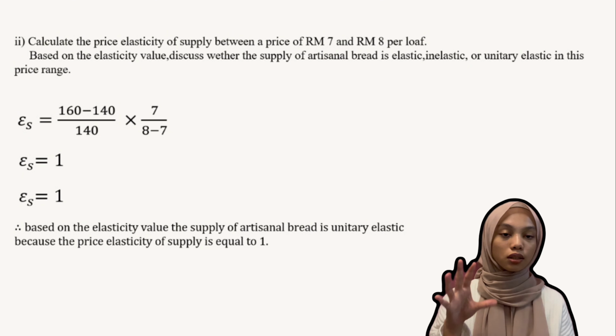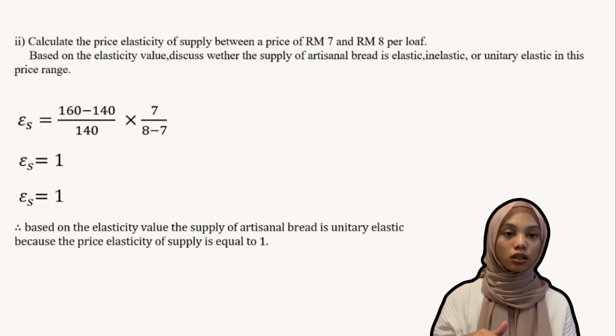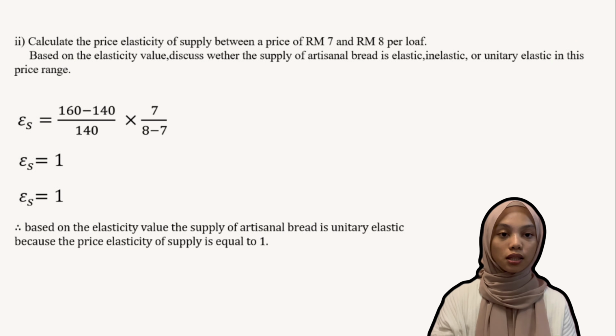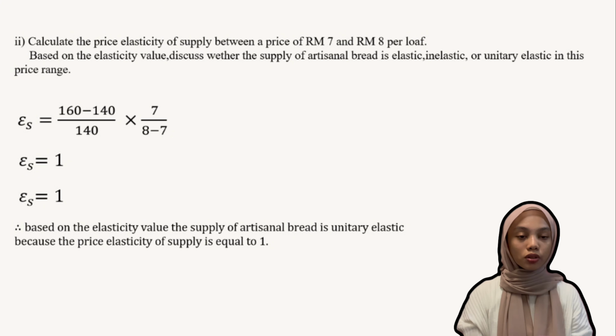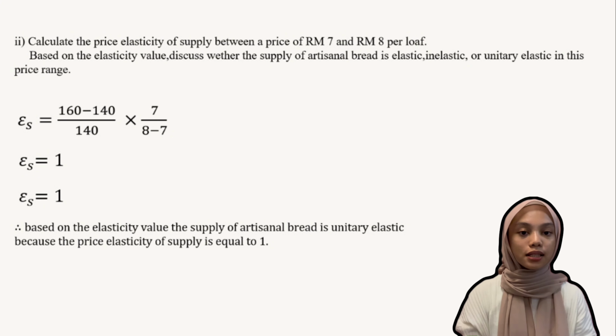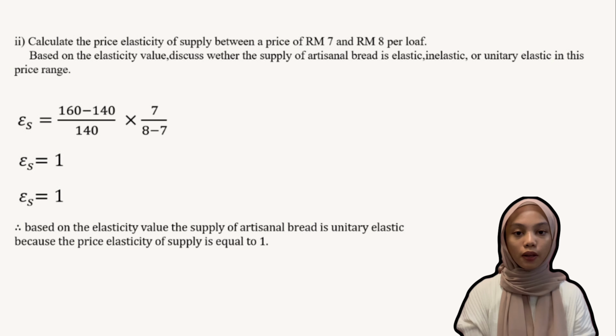So we substitute the numbers given into the formula, which will be 160 minus 140 divided by 140, multiplied by 7 ringgit divided by 8 minus 7. So the answer will be 1. So the conclusion based on the elasticity value is that the supply of artisanal bread is unit elastic because the elasticity of supply is equal to 1.